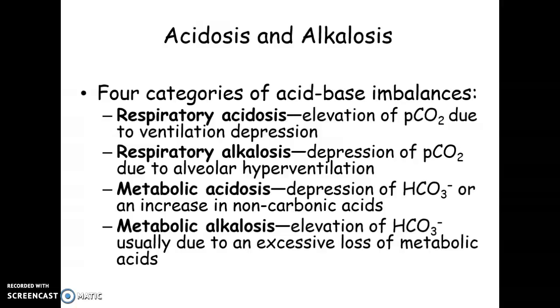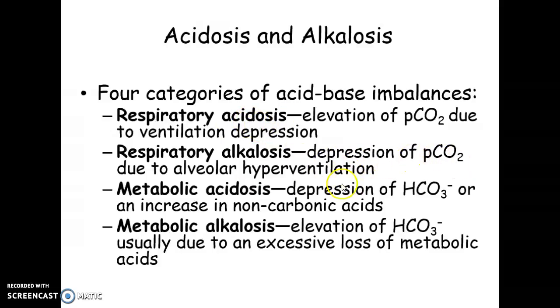So if it is respiratory acidosis, the issue causing the acidosis has something to do with the respiratory system, so ventilation depression. The ventilation is being depressed. The patient is not blowing out CO2, so the plasma CO2, the partial pressure CO2, gets elevated, and you have acidosis that develops.